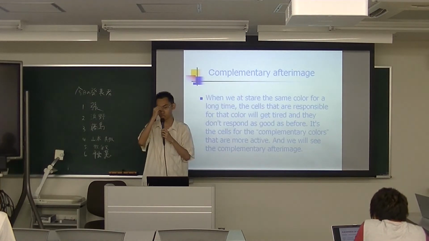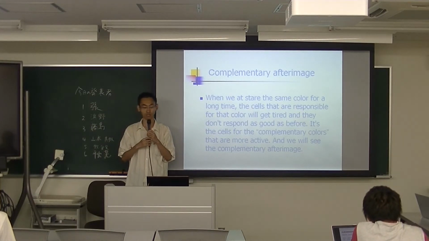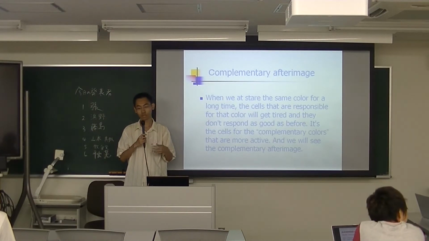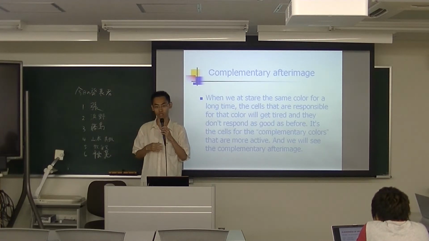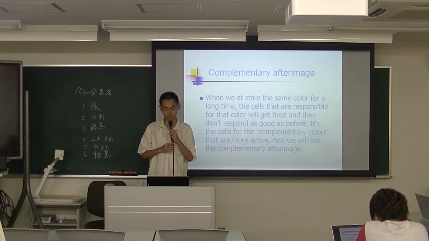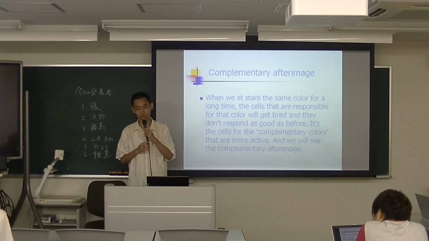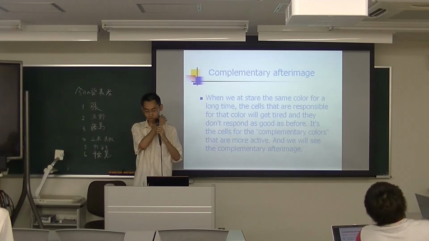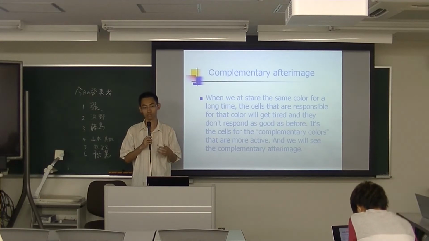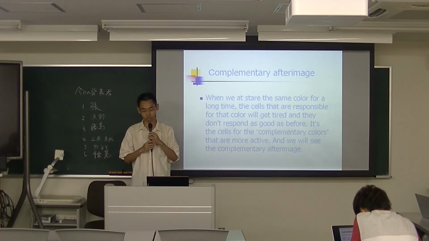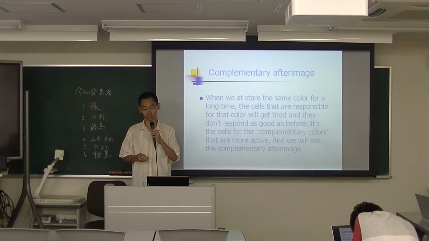We have millions of photoreceptor cells in our eyes, which help us to see color. When we look at the same color for a long time, the cells that are responsible for that color get tired, and they don't respond as well as before.